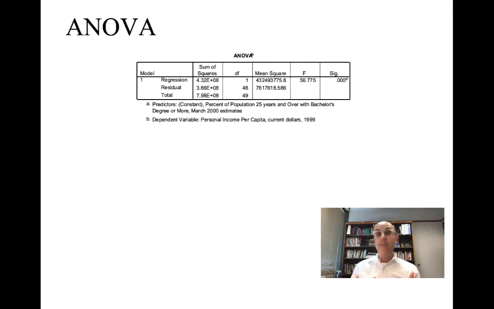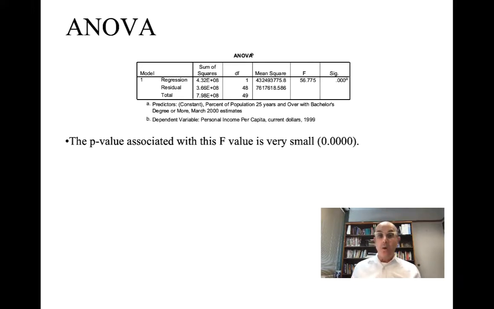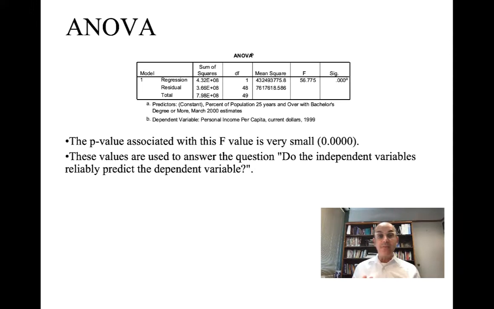Another type of analysis is ANOVA, and this is a little bit more advanced regression analysis. The idea here is that we are calculating the p-value with the F-value, which is a very small portion. The question we try to answer is whether the independent variable reliably allows us to measure the dependent variable.